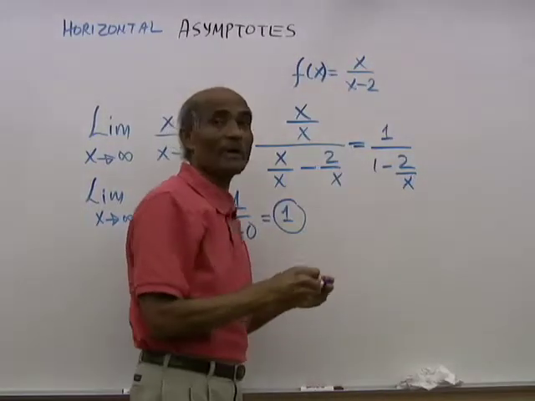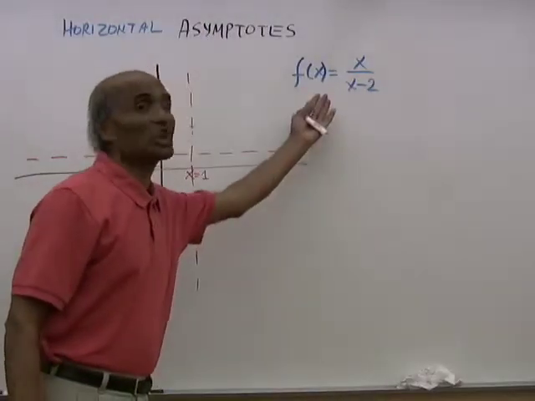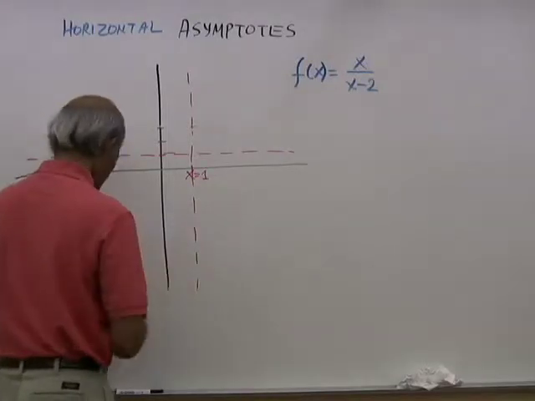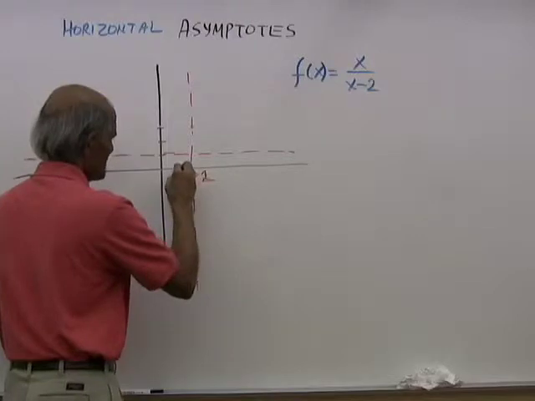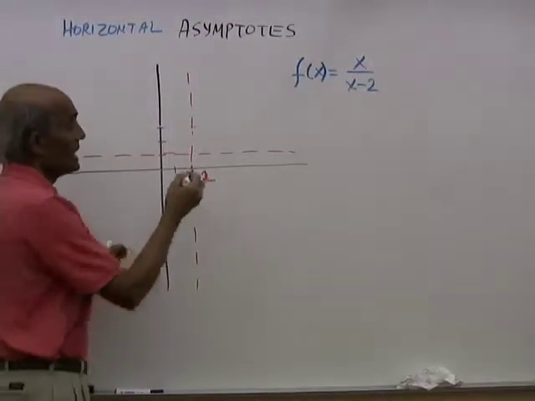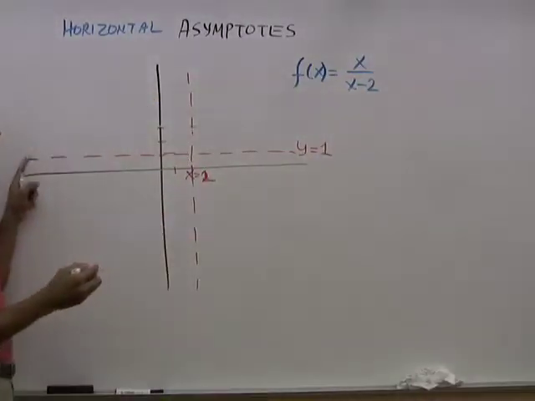Now we will talk about that in the next slide. Now, we know the vertical asymptote, which is x equal to 2, not x equal to 1, as I have written here. So x equal to 2 is the vertical asymptote, and the horizontal asymptote is y equal to 1.